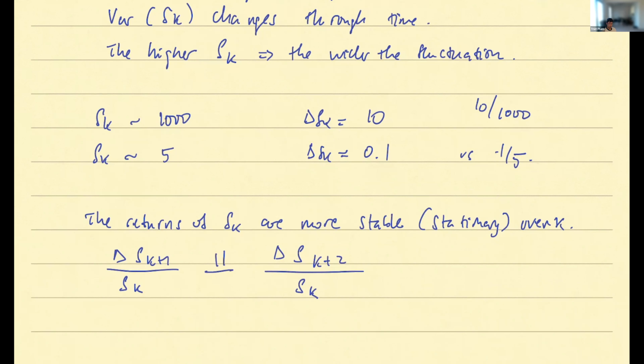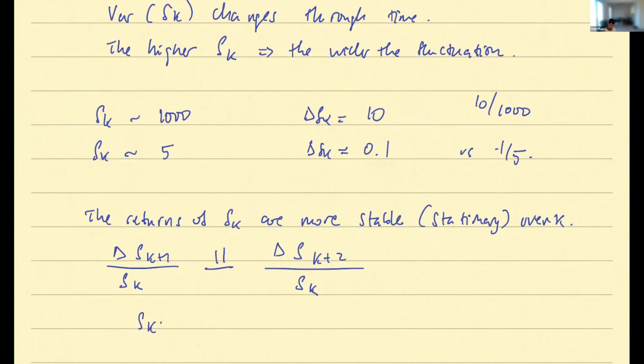And they should have similar behavior. On the other hand, the stock price on the next day is not independent of the stock price on the previous day. Is this okay?